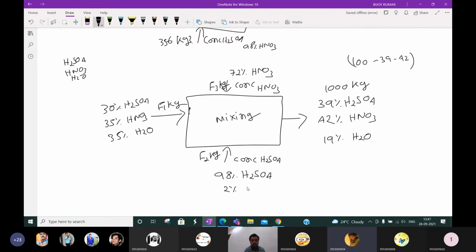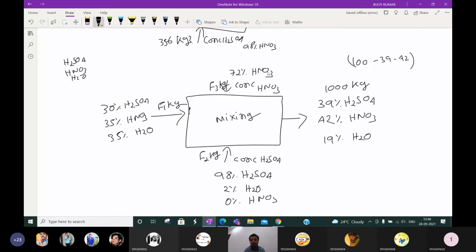Water, sir, because it is given as concentrated H2SO4, not an acid mixture. This is an acid mixture, but this is concentrated H2SO4. So you have 2% water and 0% HNO3.